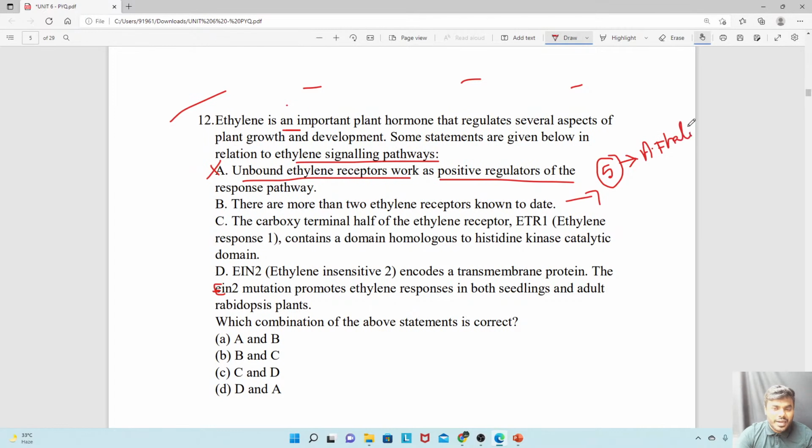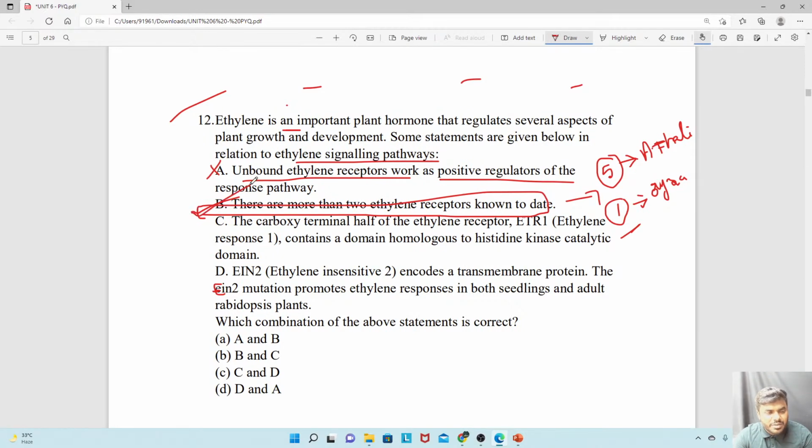I hope you remember. And in case of Oryza sativa, one ethylene receptor was identified. Option B says there are more than 2 ethylene receptors known to date. Absolutely true statement. More than 5 were identified, they said more than 2.